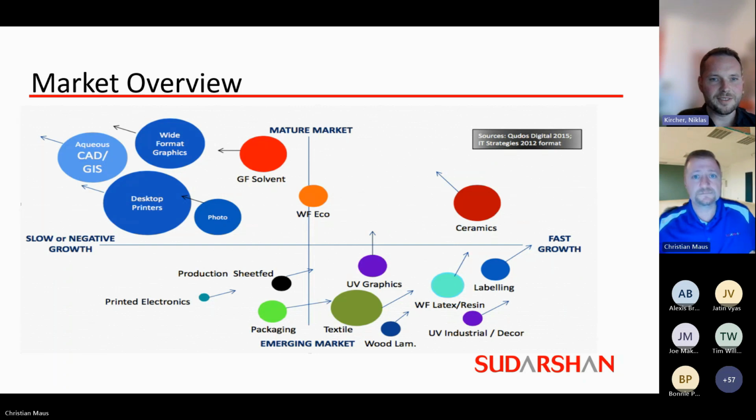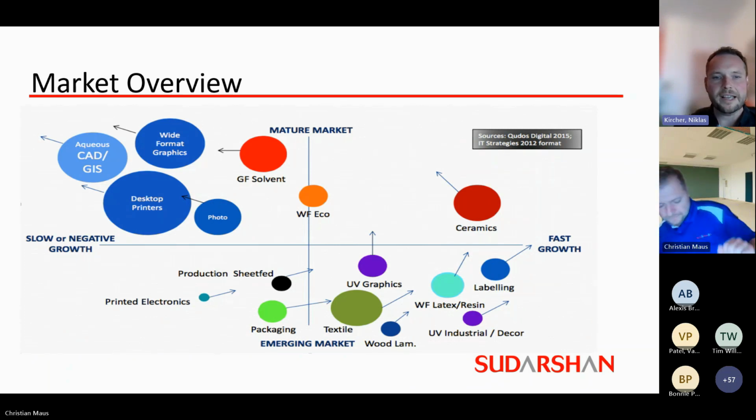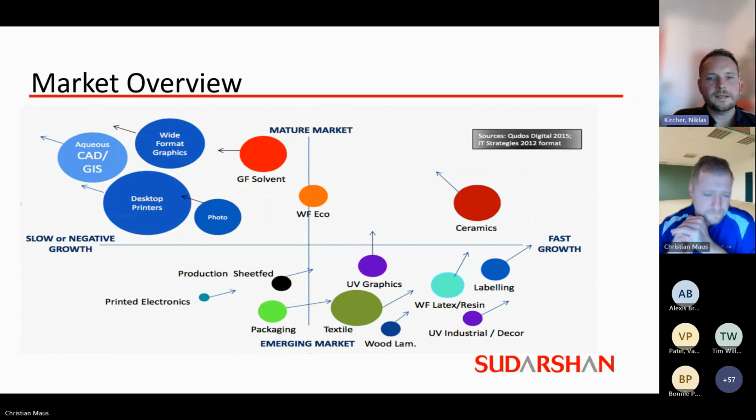Yeah, I really love this slide because it shows how big the world of inkjet is. Most people think about desktop printers when they hear about inkjet, but inkjet means so much more. The inkjet market is an extremely wide field, and especially in industrial inkjet, there was and still is a lot of development going on.